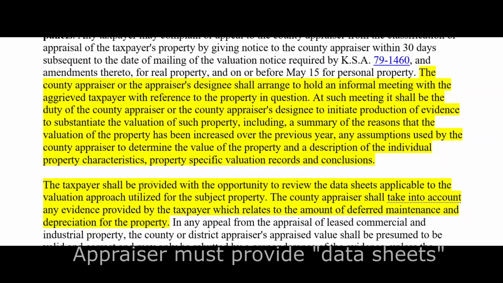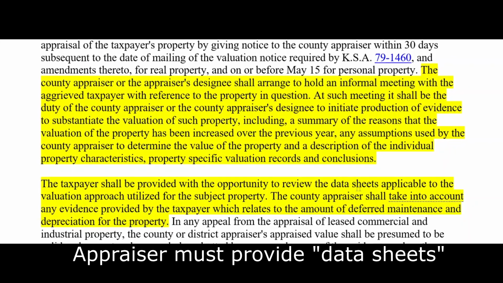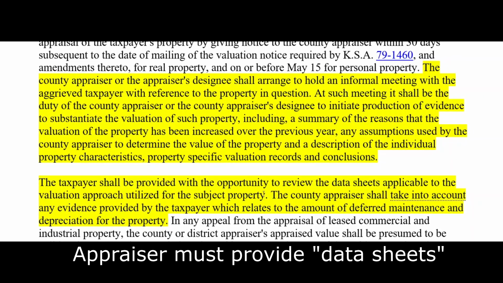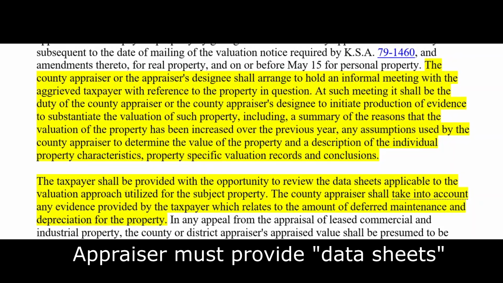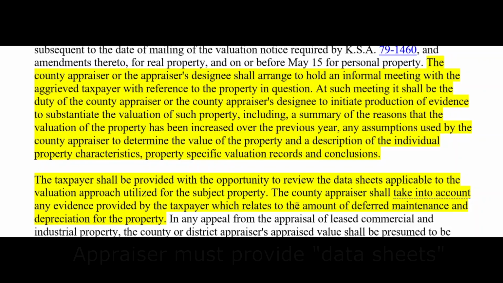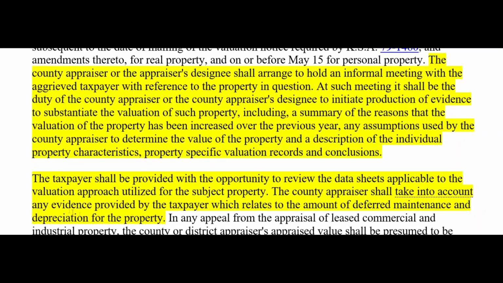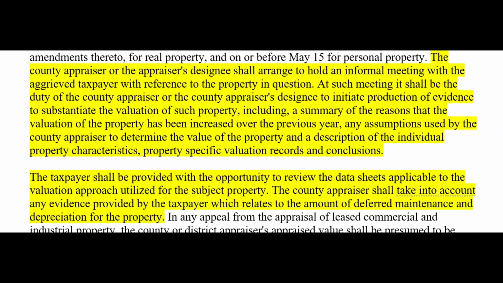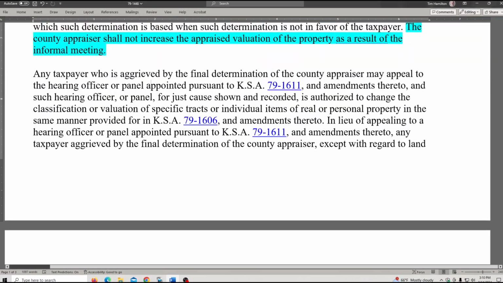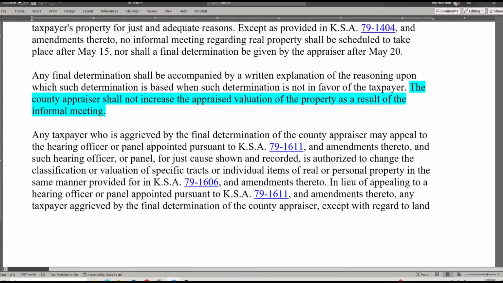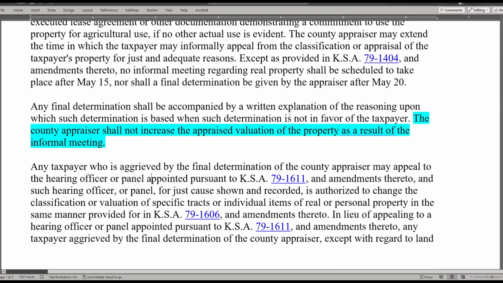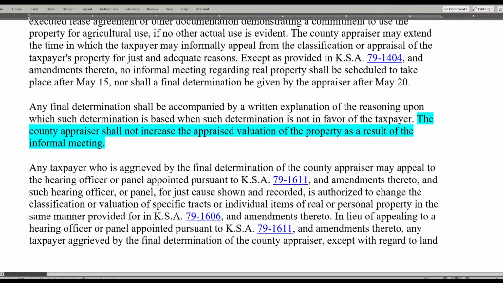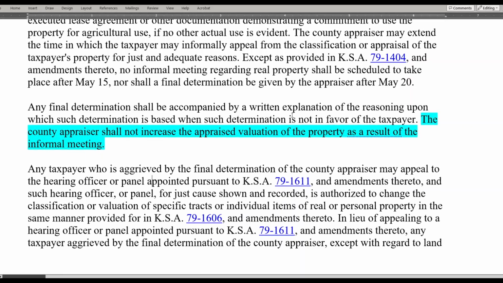It also says, in this next section, the taxpayer will be provided the opportunity to review the data sheets applicable to the value, and the appraiser will take into account any evidence which relates to the amount of deferred maintenance and depreciation of the property. So one more thing to hit on this statute here, and that is this portion here that I've highlighted. Again, this is KSA 79-1448.